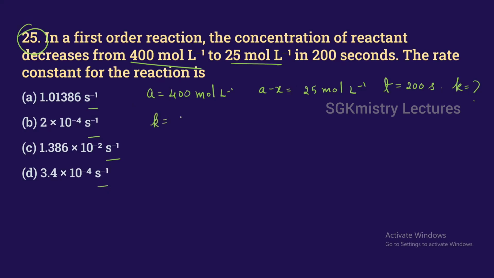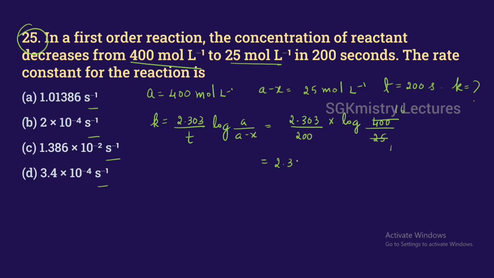K is equal to 2.303 by T log A by A minus X. So we have 2.303 by T, which is 200, into log of A, which is 400, divided by A minus X, which is 25. 400 by 25 is 16. So we have 2.303 by 200 log of 16. 16 is nothing but 2 to the power of 4.